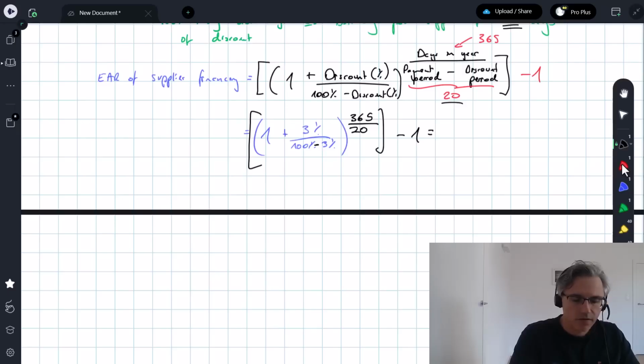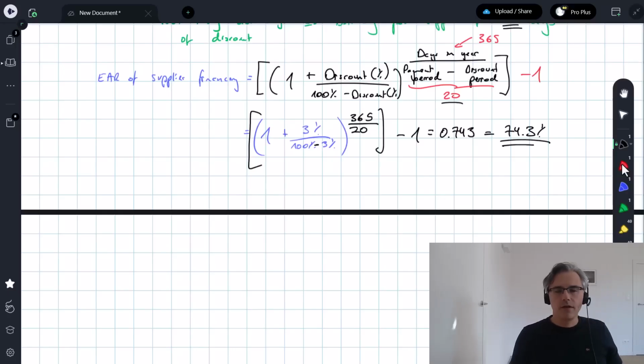I made a mistake here. 1 plus 3 divided by 97, okay, raised to the power of 365 divided by 20, close bracket, equals, okay, and now deduct 1, perfect. Now I'm looking at an answer of 0.743 something, which basically means 74.3%.